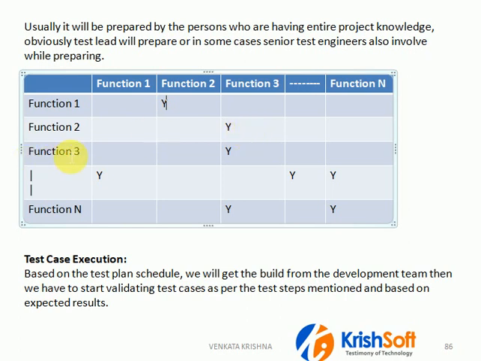Functionality 3, some changes happen, functionality 3 will be impacted. Similarly, functionality N is integrated with functionality 3 and functionality N. So we take all the functionalities on the left side and on the top side, and we update Y for the modules that are integrated.